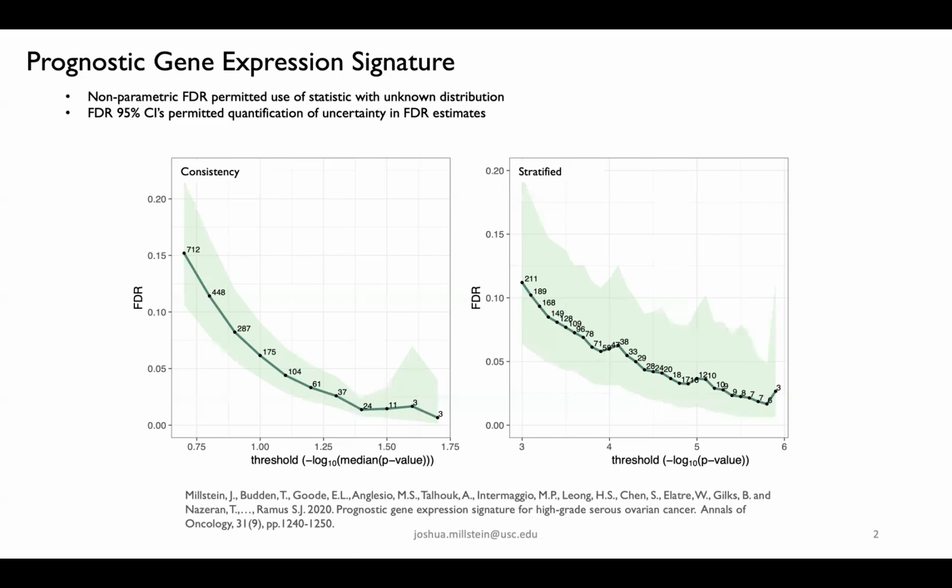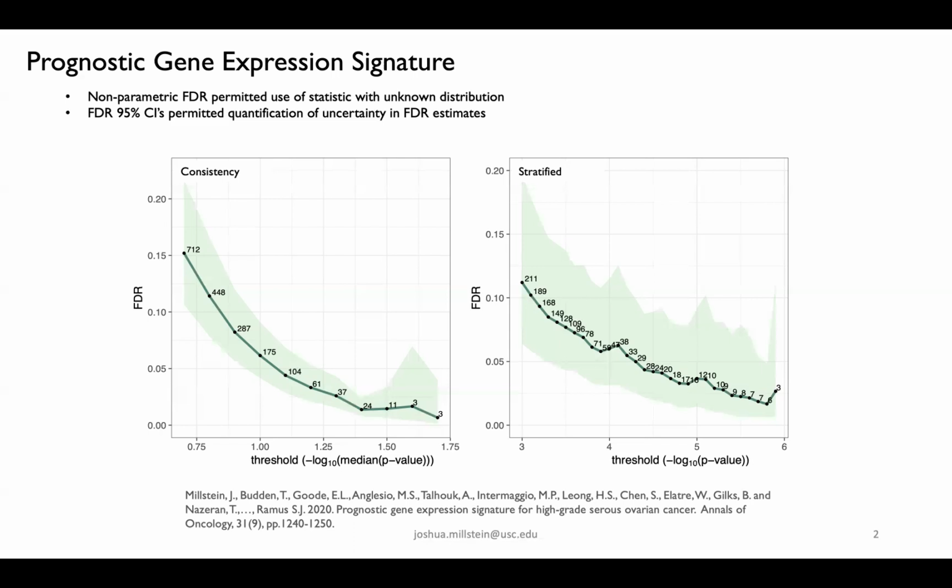The plot on the right is the stratified Cox regression, the more conventional approach. And you can see that for any given FDR value, like 0.05, the consistency approach actually gave us many more genes than the stratified approach.